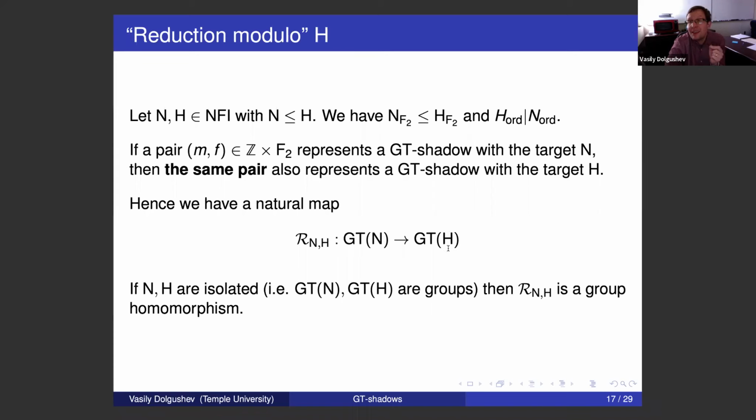But if you look at H, a GT shadow may have target H, but the source may be different from H. So it's like, imagine a finite Galois extension, and then inside it two sub-extensions that are not Galois, and then a morphism between them. So it's like that.